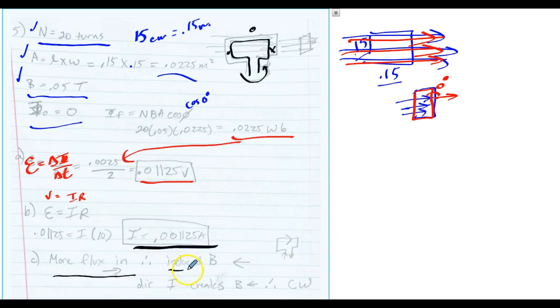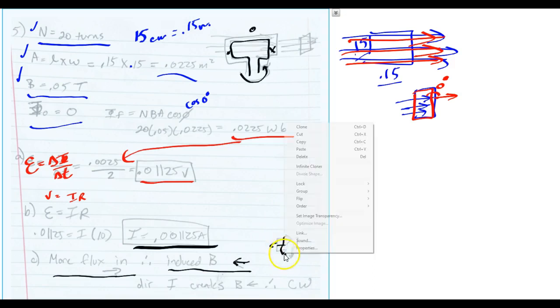So the induced magnetic field has to oppose that. We have to make the current go so that the magnetic field lines it creates go against that. In order to do that, we grab this loop of wire so that our fingers are pointing back that way. When we grab it, our thumb points in the direction of the current.